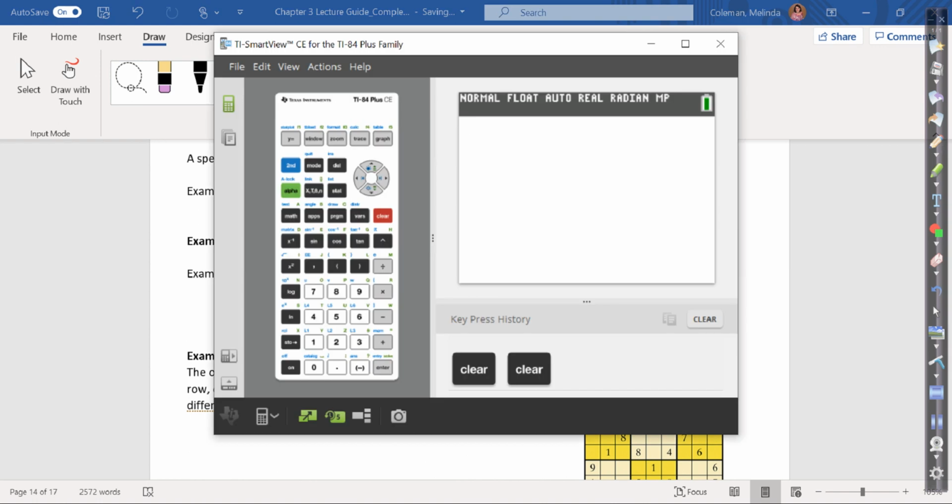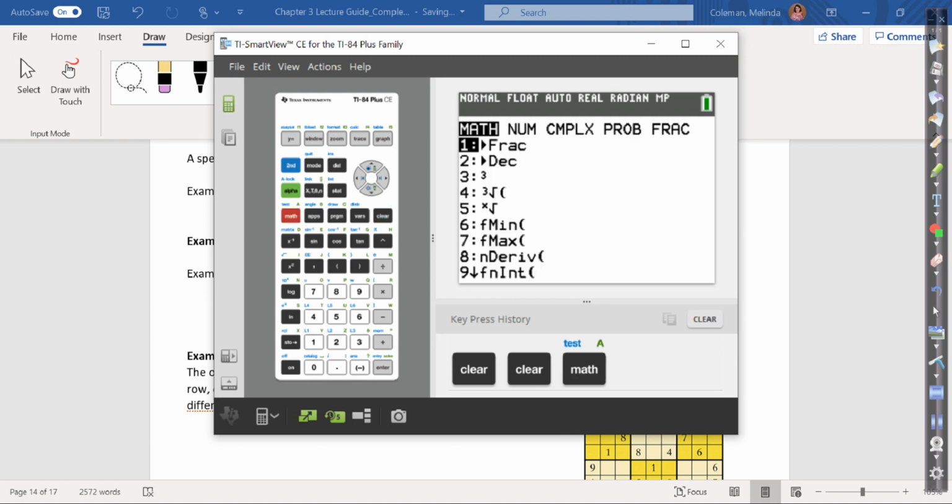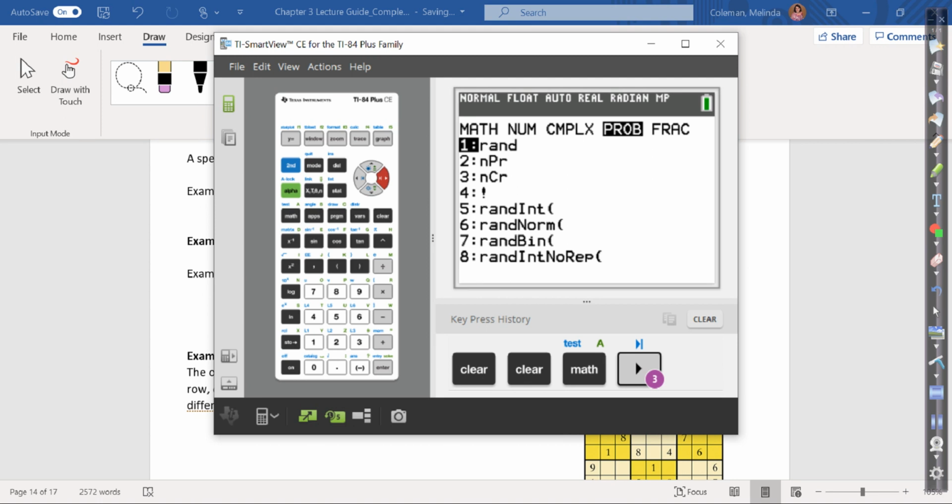On the calculator, if we hit the math key, which is under the alpha key right here, probability has its own set of functions, so we're going to tab over until we get to probability. And if you go down, you'll notice that number 4 has that exclamation point. Now, what's a little bit trickier in this case is you actually have to put in the 6 first.